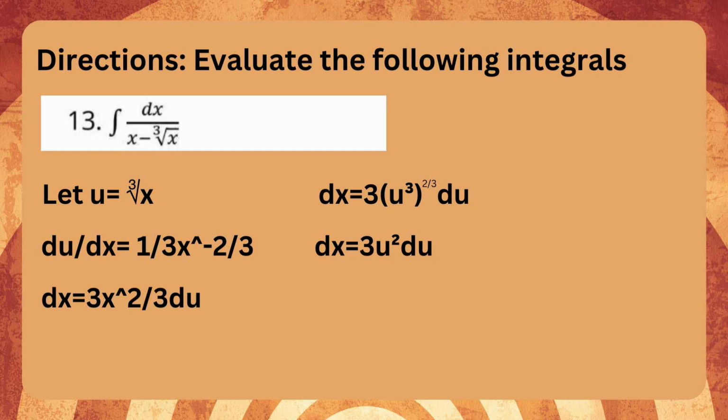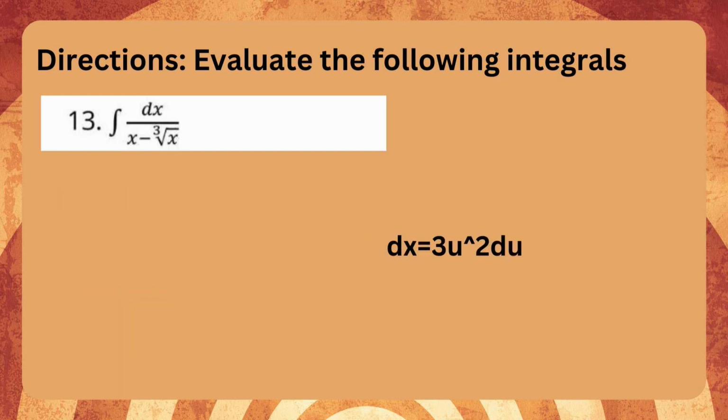So, let's proceed. We get dx is equals to 3 times u cubed raised to 2/3 du is equals to 3u squared du. Ngayon, we can substitute this expression for dx into the original integral.